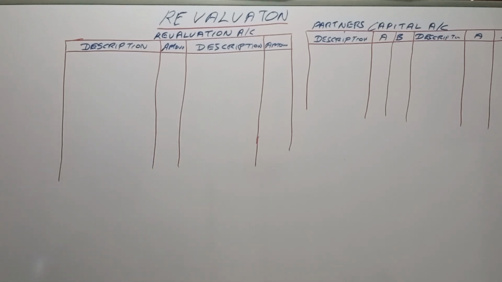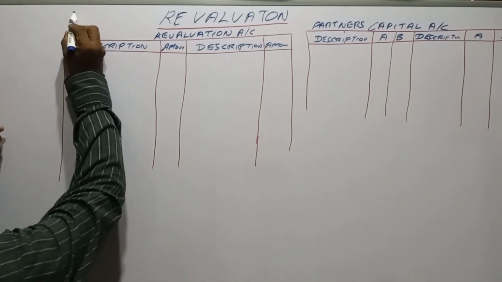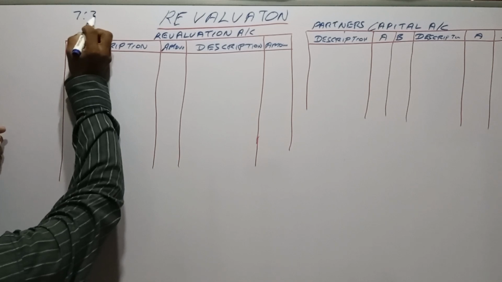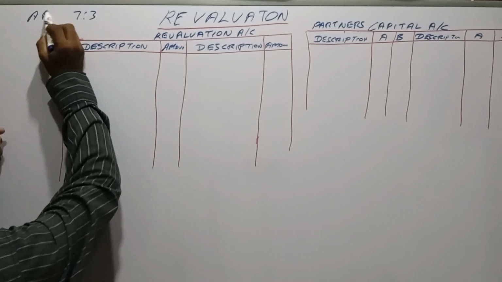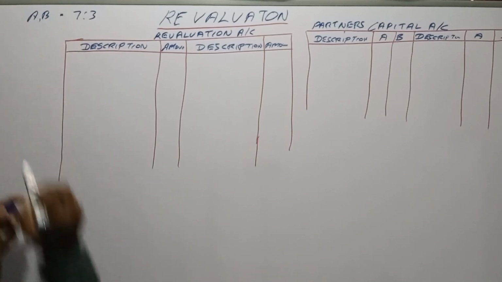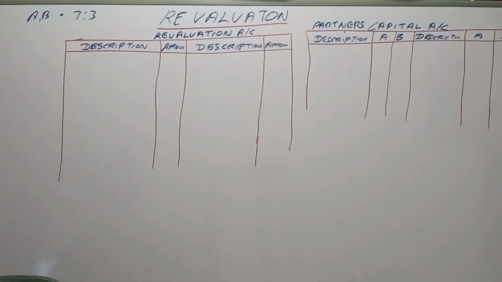The exercise number one says partnership accounts, revaluation of assets. A and B are the partners sharing profits and losses in the ratio of 7 is to 3, right?